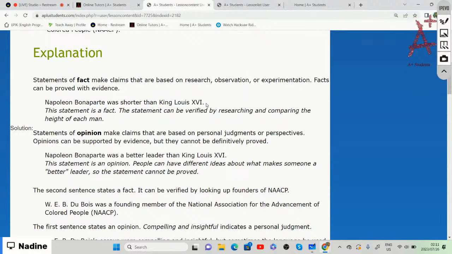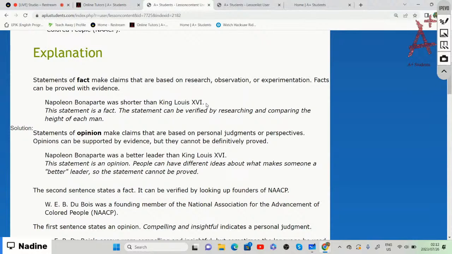That will basically be a verification, by either researching or comparing certain things. Or you can have noted down information that says this is my research, this is my observation, this is my recordings of whatever claims you are making. So that is facts, right?